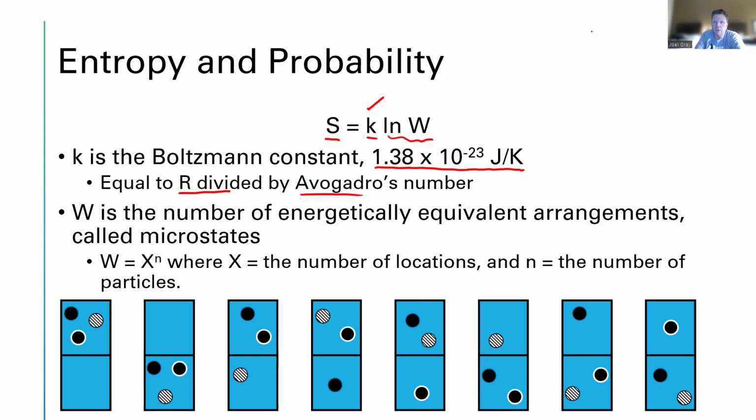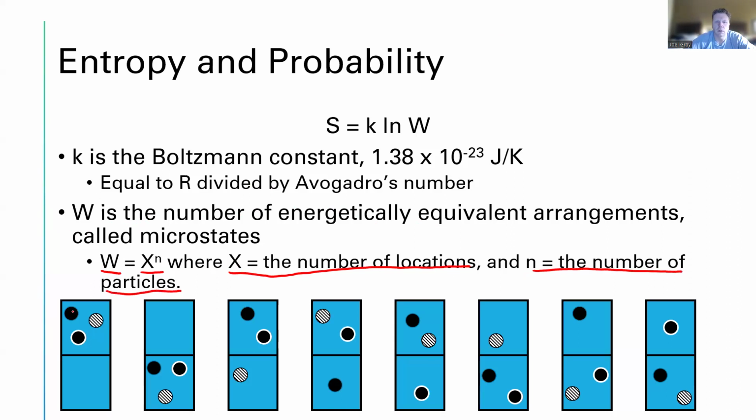W is equal to x to the n power. x is the number of locations and n is the number of particles.